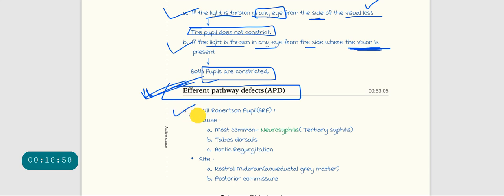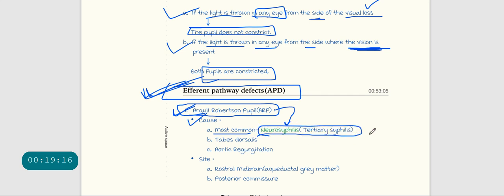The most common cause of Argyll Robertson pupil is neurosyphilis, also known as tertiary syphilis. Very important cause. Another is tabes dorsalis. Another is aortic regurgitation. These are the three causes of Argyll Robertson pupil.